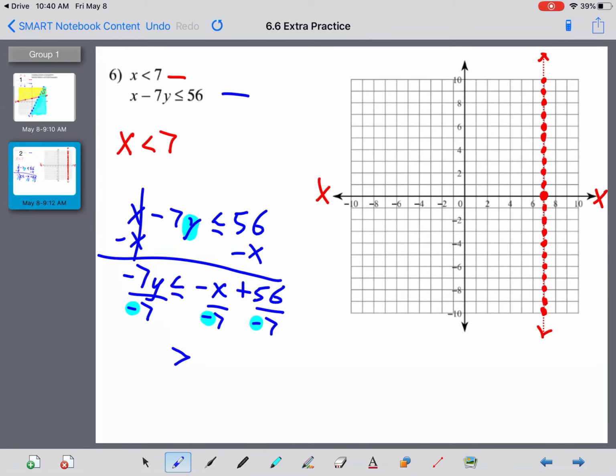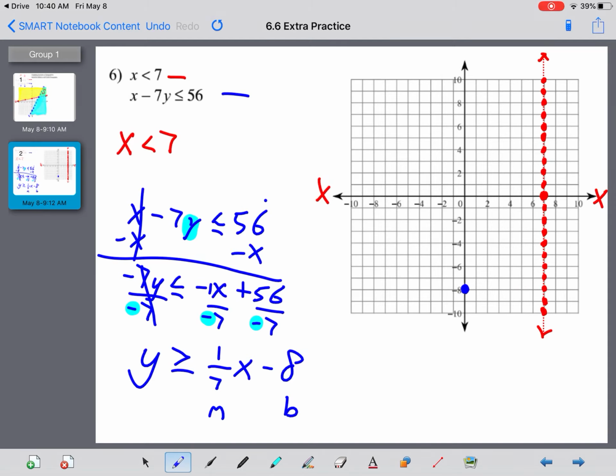Alarms, bells, whistles should be going off because we divided by a negative number, which means we flip that inequality symbol over. My 7's cancel, and the y is now isolated. So y is greater than or equal to a negative 1 over a negative 7 turns positive, so 1 over 7x. And 56 divided by negative 7 is a negative 8.